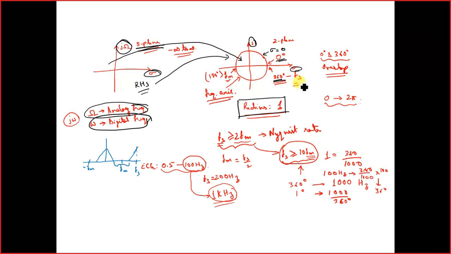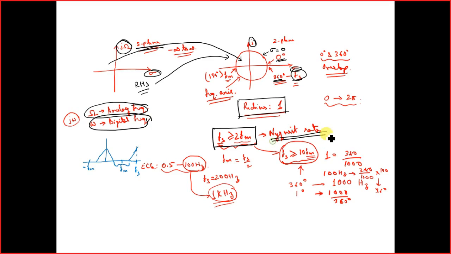In our previous classes we also discussed that the 0 degree or the 360 degree corresponds to the sampling frequency, given by fs greater than or equal to 2 fm, which is nothing but your Nyquist rate.